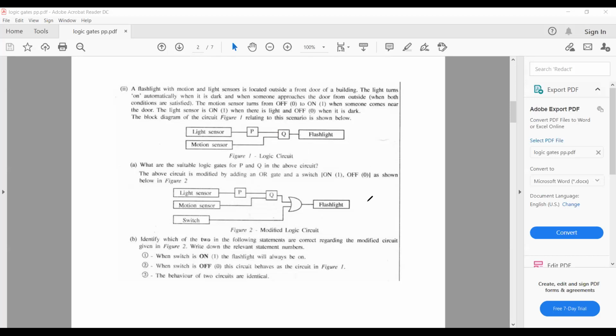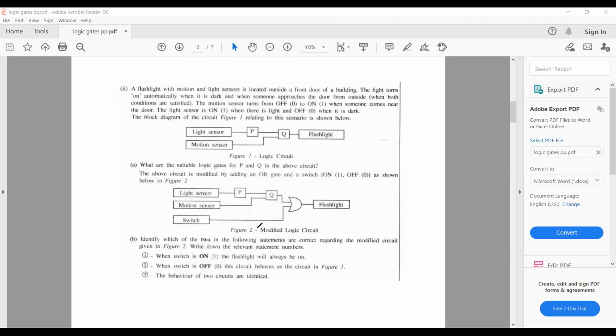Read it and identify the suitable logic gates. Yeah, that's what we did. Then the circuit is modified by adding an OR gate and a switch that is on 1 or 0, as shown below.